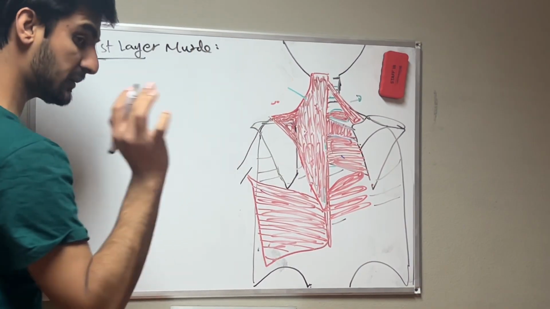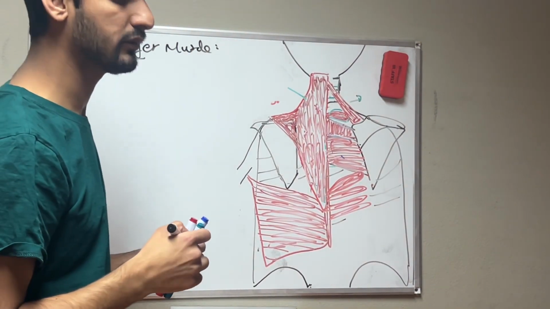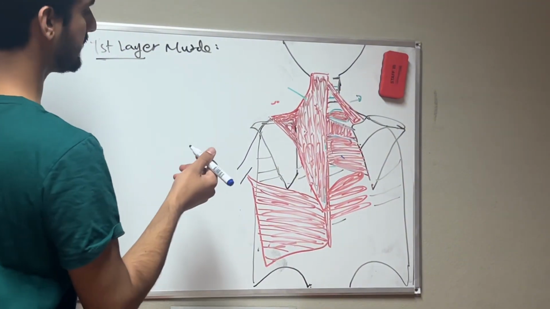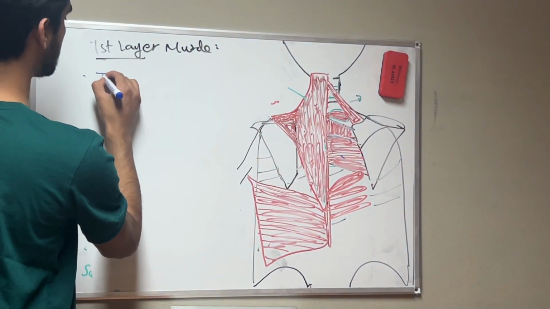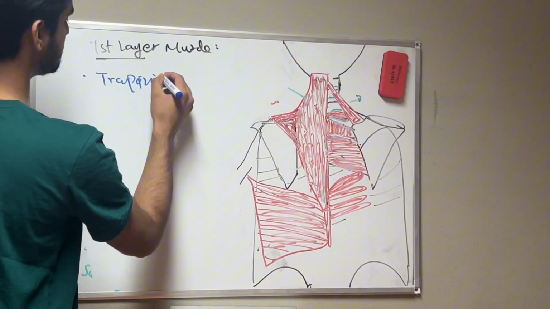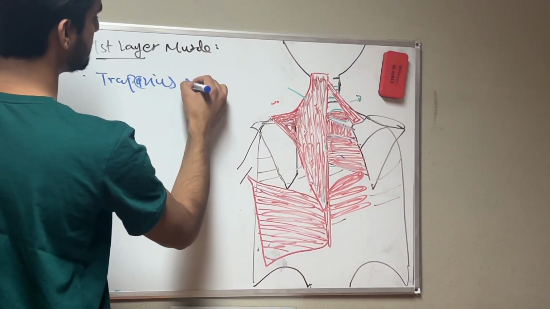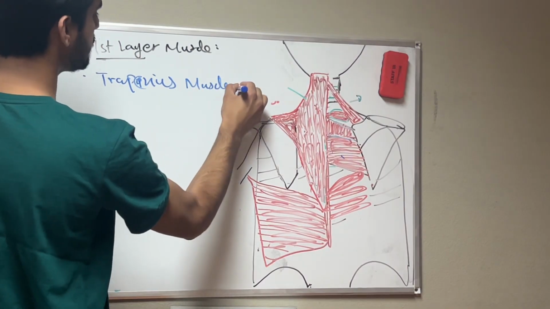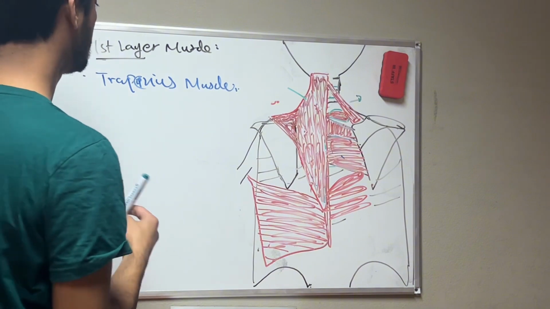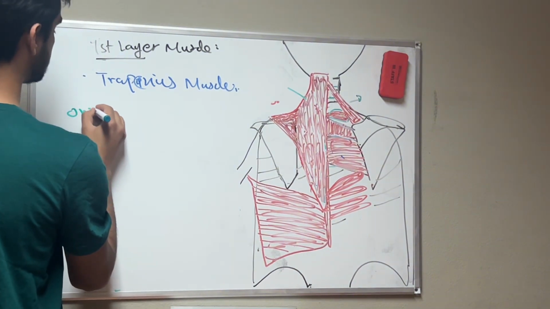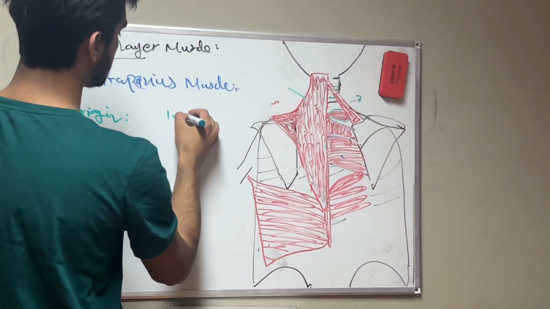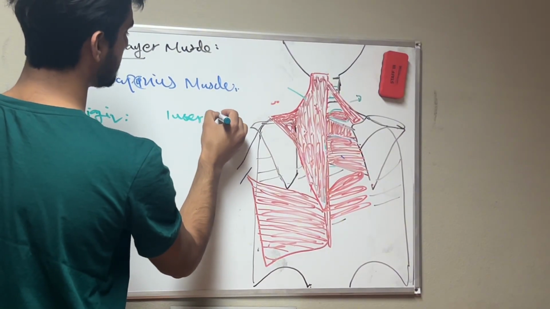Because remember, we are talking about the superficial group of muscles of the back. Now we need to know the origin, insertion, and function. We will discuss origin and insertion of trapezius muscle.